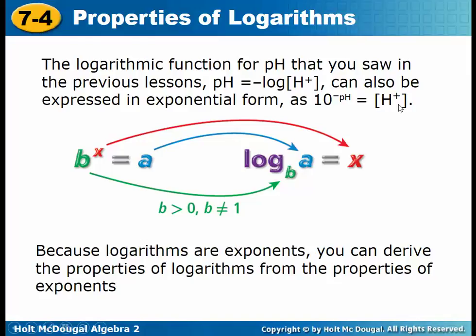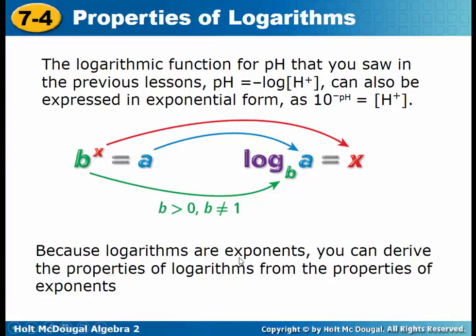That is because of our definition of log, which is that b, the base, to the exponent x is equal to a, can be written as log base b of a is equal to x, the exponent.